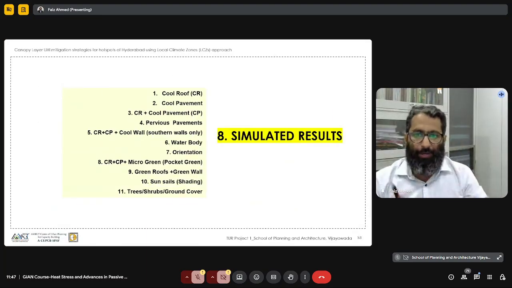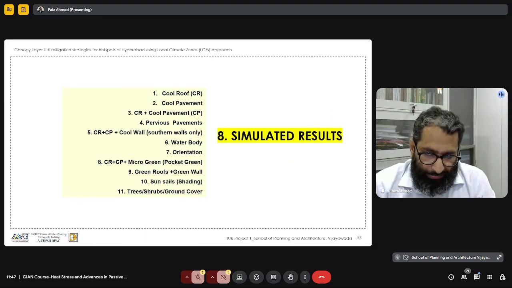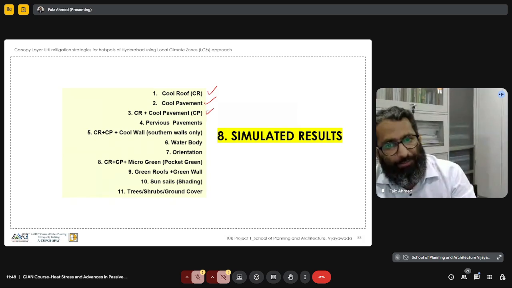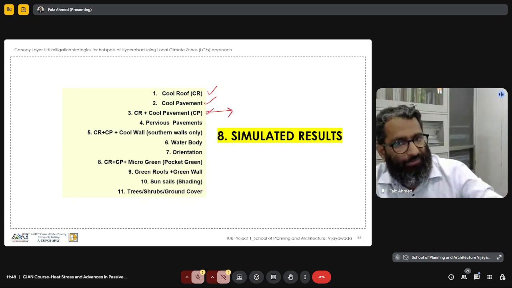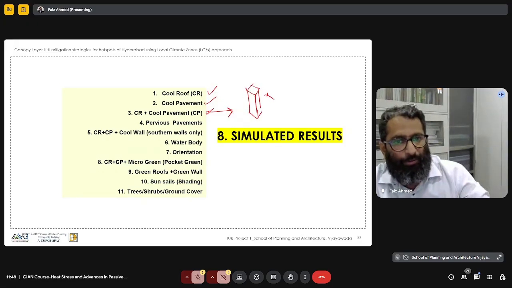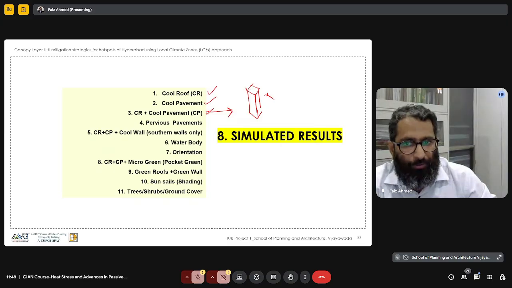Okay, so in summary, what are the strategies that we wanted to test? We tested cool roof as one strategy, cool pavement as another, and cool roof and cool pavement together as a strategy. Why this combination? Sir pointed out in one of the discussions that if you have a high-rise building, maybe this combination is not okay, since the effectiveness of a cool roof is limited to a certain level.